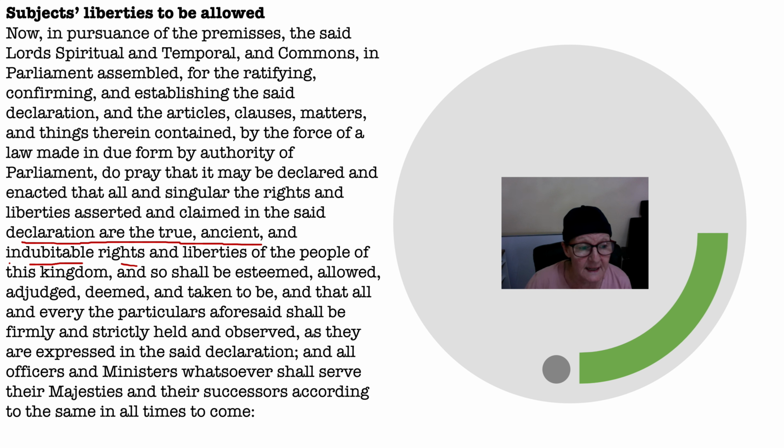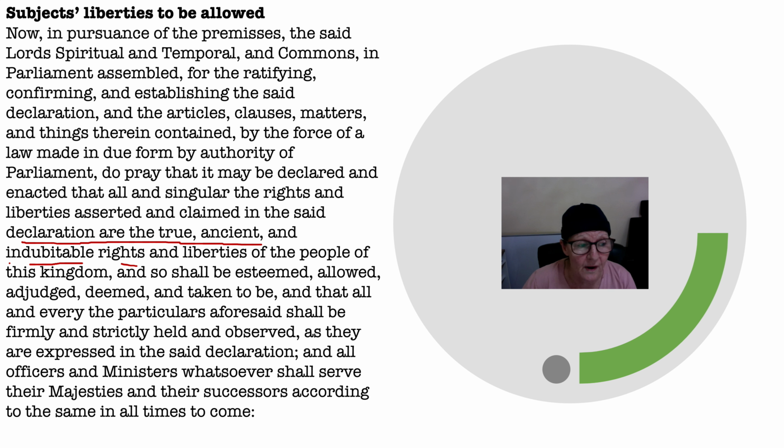And he says, and the liberties of the people of this kingdom, and this is what he says. He will make a declaration, and I'll show you an example in a minute. He will say, and so this right shall be esteemed, this right shall be allowed, it shall be adjudged, and it shall be deemed and taken to be.